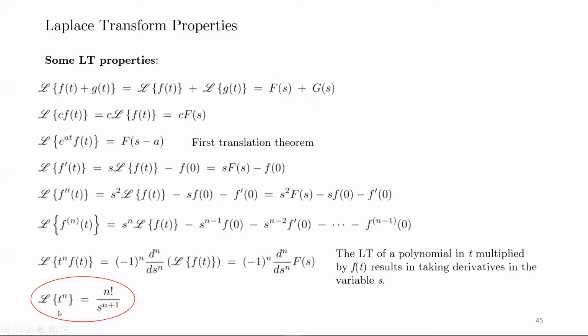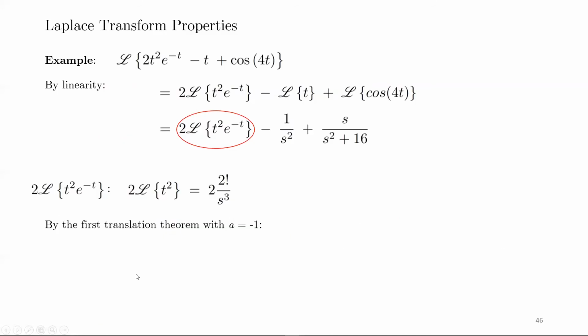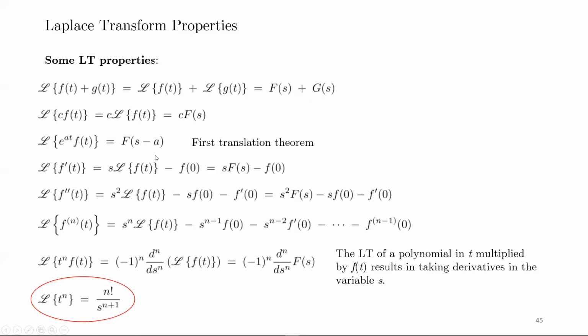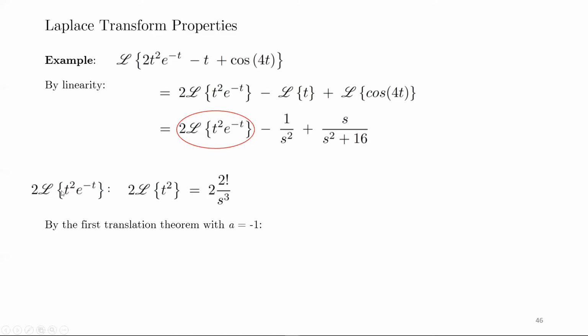That is from this property of Laplace transforms on the previous page. So I know the Laplace transform of t squared, but I actually want the Laplace transform of t squared multiplied by this exponential. So I can use the first translation theorem, this third entry here, to find the Laplace transform of this product.